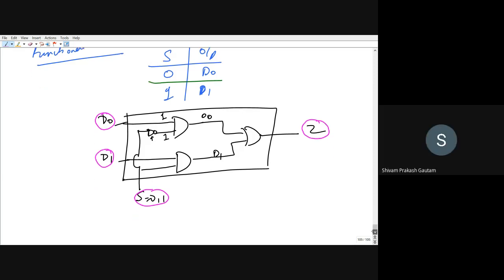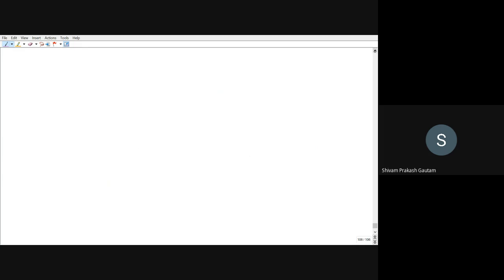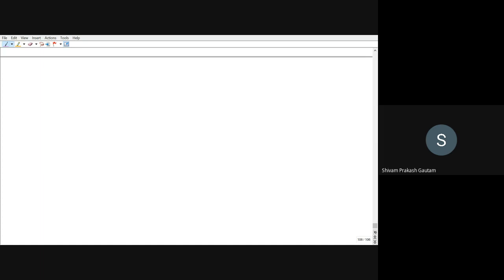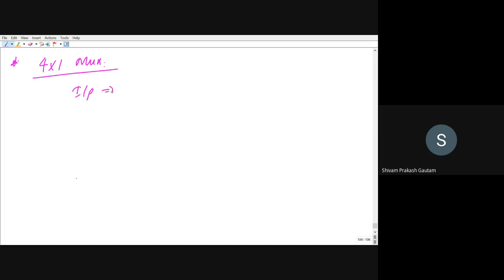Next we will see the 4x1 mux. This will be the same, but the number of inputs will increase and the number of select lines will also increase. So the 4x1 mux. Here how many inputs? 4 inputs and the output is again 1.